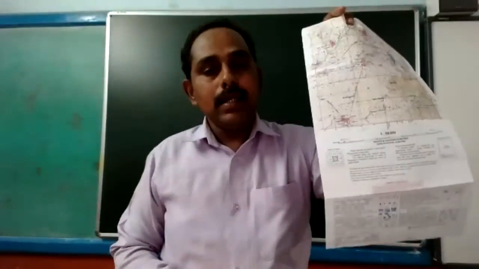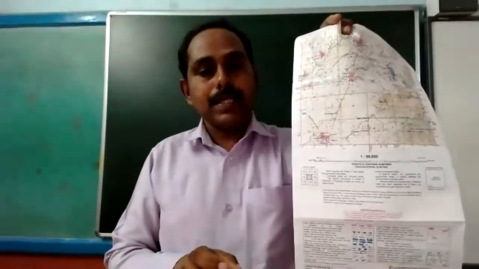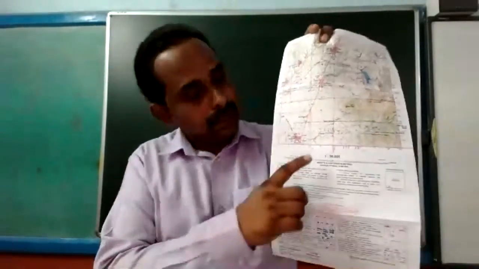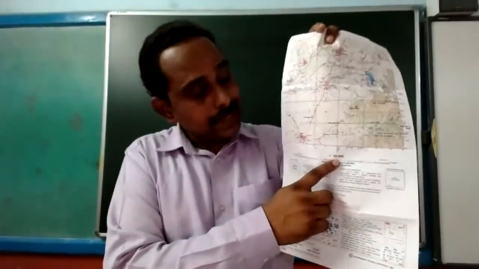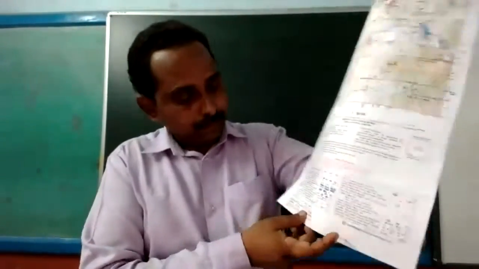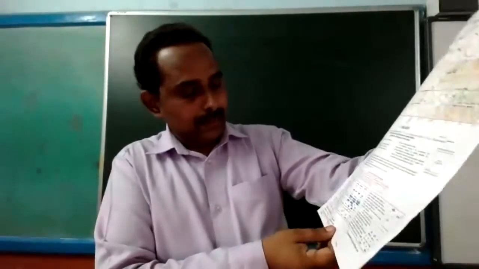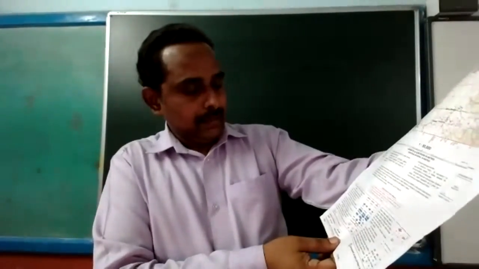Normally, what is the RF of the map extract will be asked? That is 1:50,000 only. It is normally given here. What is the scale? Define a scale. Definition you have to study. Then the scale is given over here. What is the interval? The contour interval. It is given here.